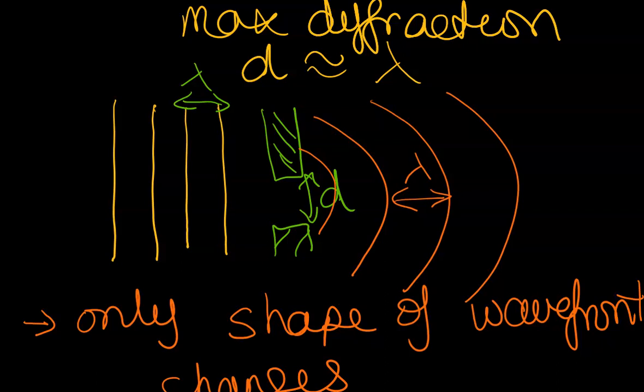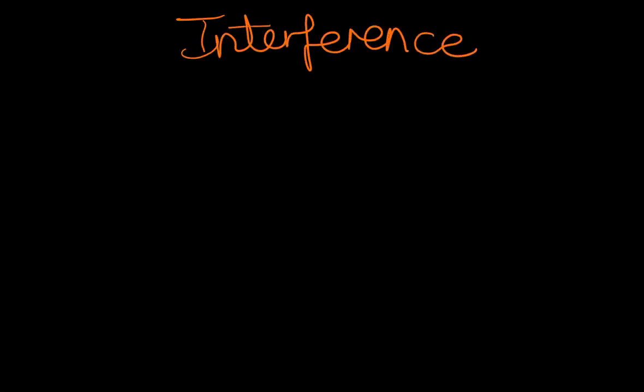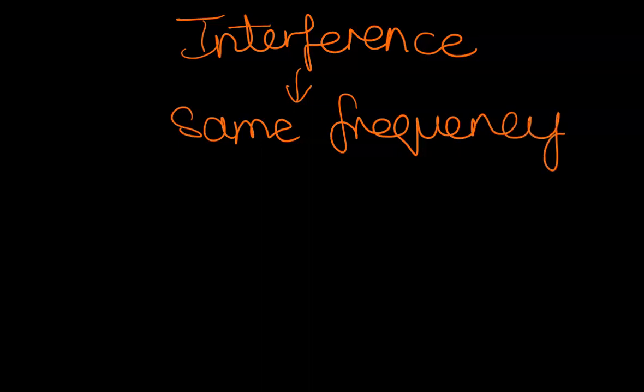Destructive interference is where a crest and a trough overlap. Interference is where two waves of the same frequency overlap with each other, so let's consider two waves of the same frequency.